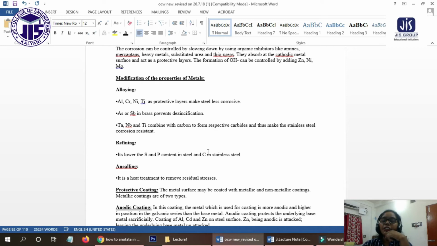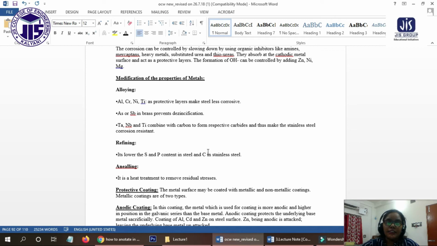This is a mixture of iron and chromium. So these alloys are less prone to the process of corrosion. So by mixture of some metals, we can reduce the rate of corrosion for the metals.